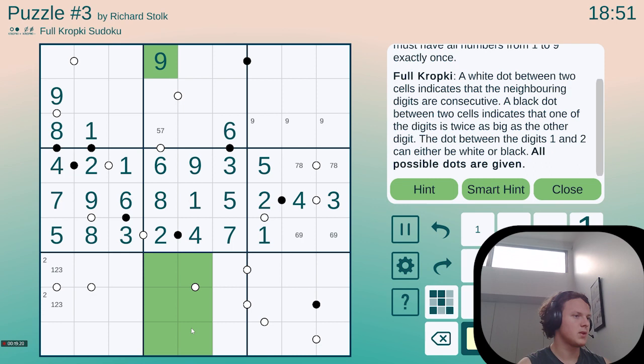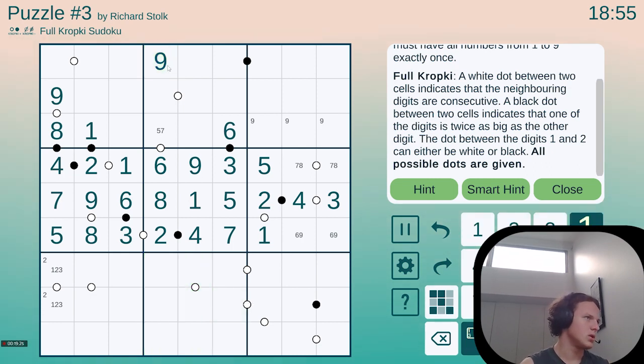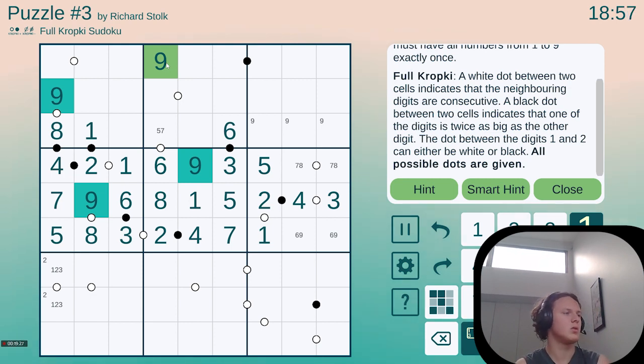And that blocks off these. That doesn't do much down there, I don't think. So what does that 9 do?